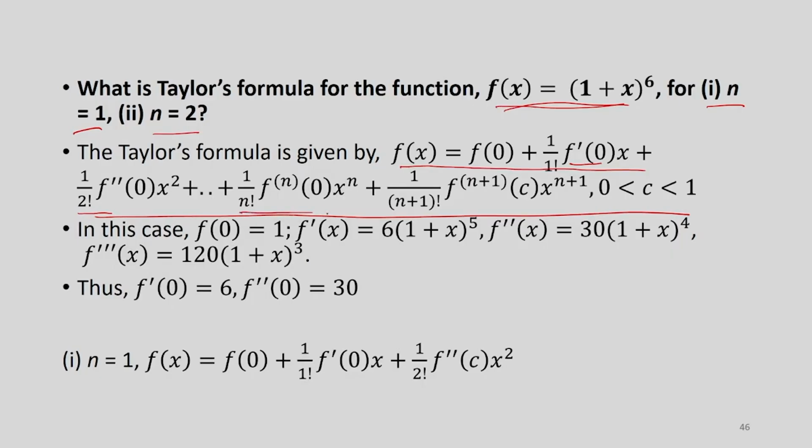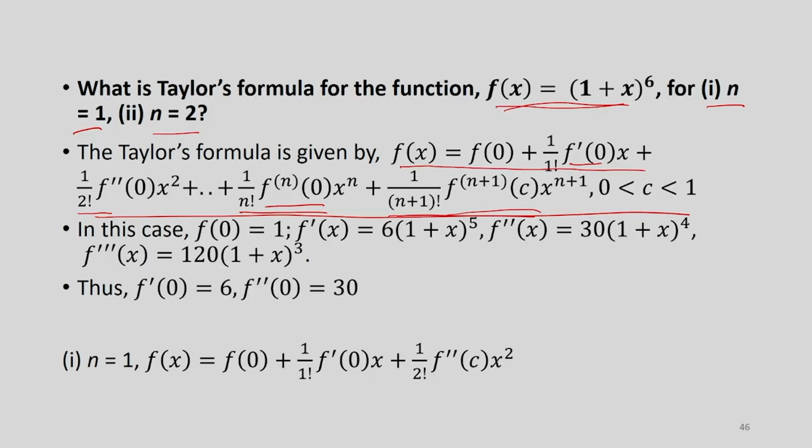The nth term will be x to the power n divided by factorial n multiplied by f^n of 0. f^n of 0 means the function has been differentiated n times and then evaluated at x equal to 0. And then there is this balance term, sometimes called the correction term, given by f^(n+1) of c.